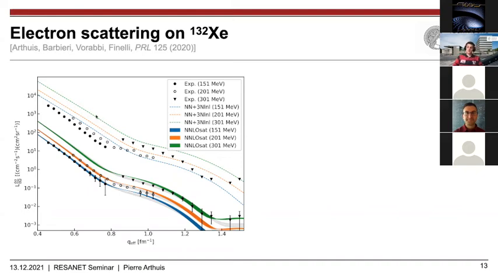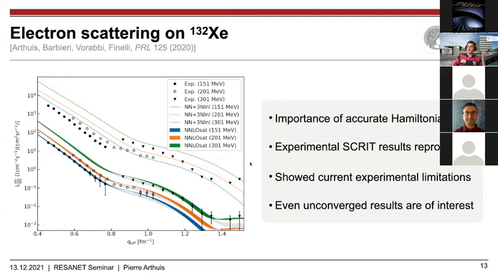And as you can see here, the calculation completely fails at reproducing the experimental data. So this really shows the importance of having accurate Hamiltonians for description of nuclei. Those are the very same ab initio methods being used and giving you very different results just from the difference between the 2 Hamiltonians.